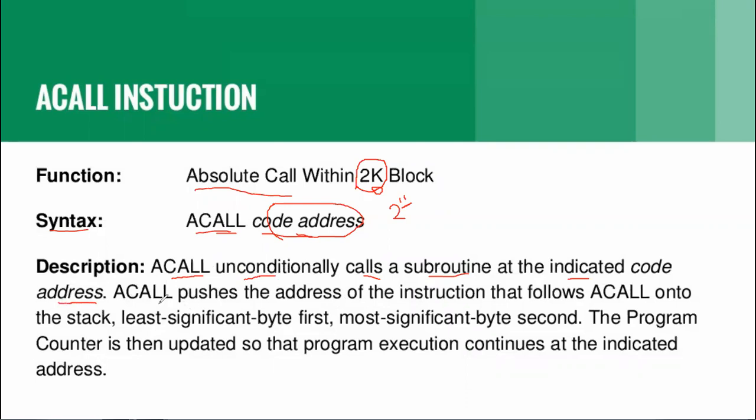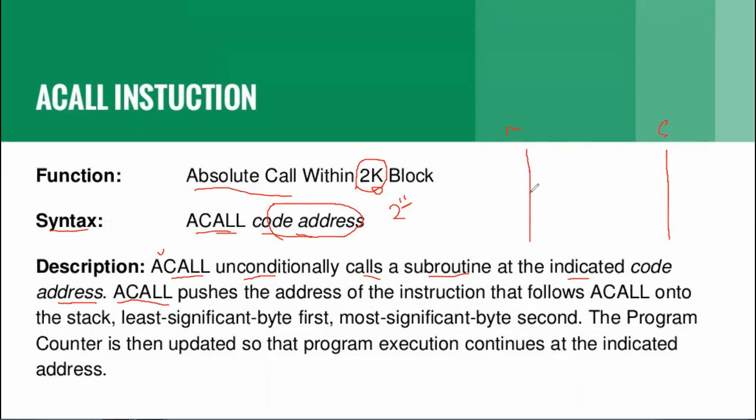What will happen when ACALL is executed? Say this is the main program, and this is the subroutine program.